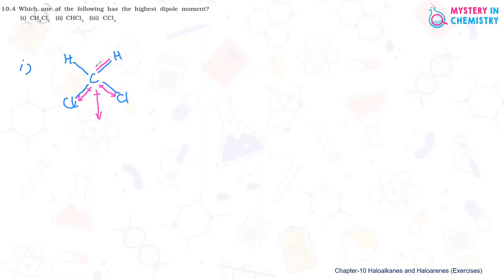So as compared to hydrogen, we can say the polarity is slightly towards carbon, and here also it is slightly towards carbon. And the resultant of these two should be here.